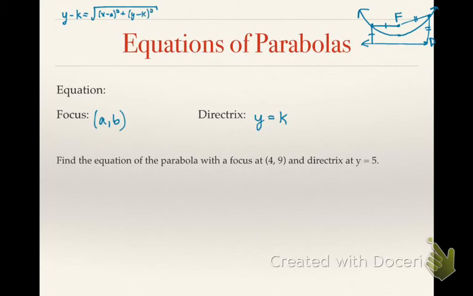Okay. But that looks a little nasty to work with because we're dealing with a square root with squares underneath. So if you square both sides, that actually gives us the equation that we should use to find the equation in standard form for a parabola.